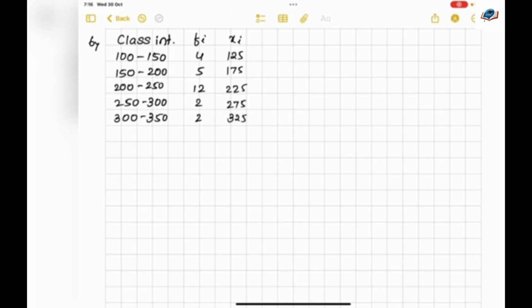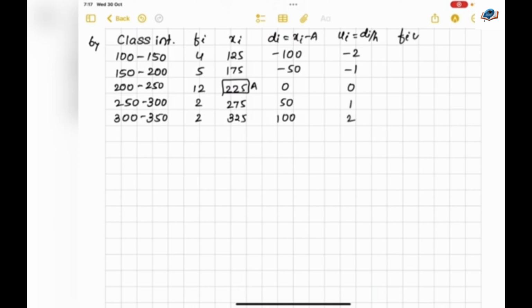So di will be xi minus a. So 125 minus 225. So minus 100, minus 50, 0, 50 and 100. Now ui equal to di by h, or I can use xi minus a upon h. So this will be minus 2, minus 1, 0, 1 and 2.